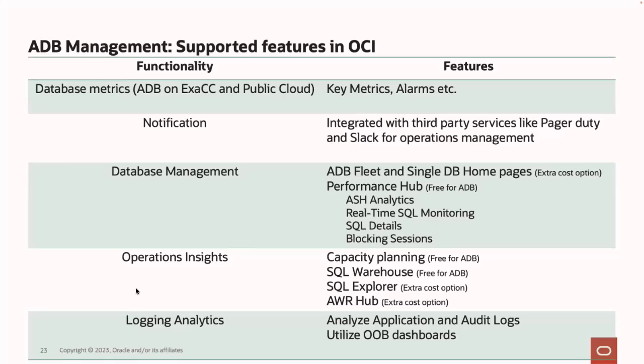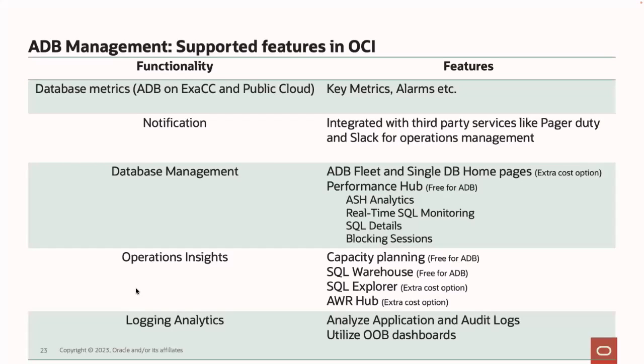In terms of database management, we talked about the fleet view, we talked about the single DB resource page, we talked about the capabilities that database management offers around Performance Hub, and some of the other tools associated with Performance Hub, which are listed over here. We talked about Operations Insights in terms of capacity planning, forecasting, SQL Warehouse, and SQL Insights in terms of looking at problem SQLs around your workload.